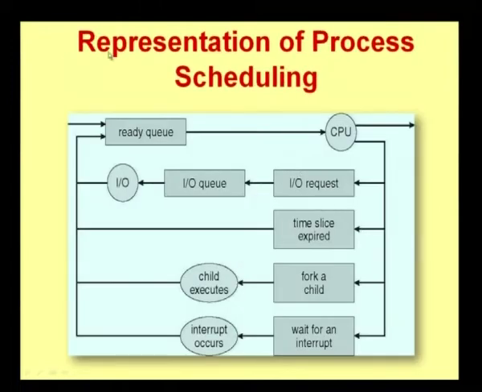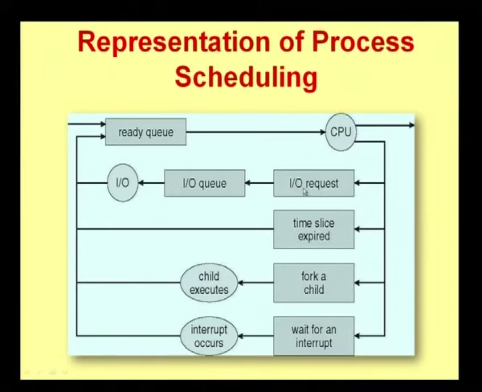Here is the representation of process scheduling. Now it is in the ready queue state. What is the ready queue state? If the process is in the ready queue state, then all its details will be stored in the main memory. So it goes to the CPU. Then in the CPU, it checks for an IO request.